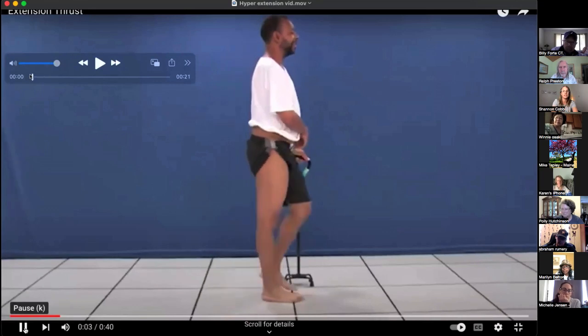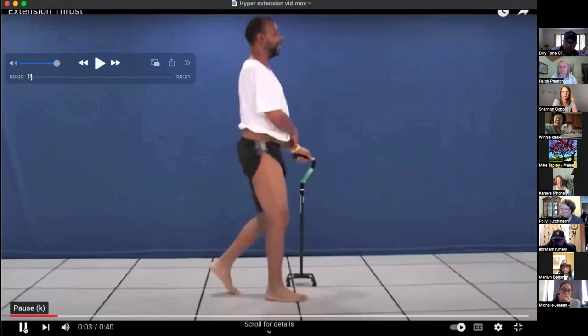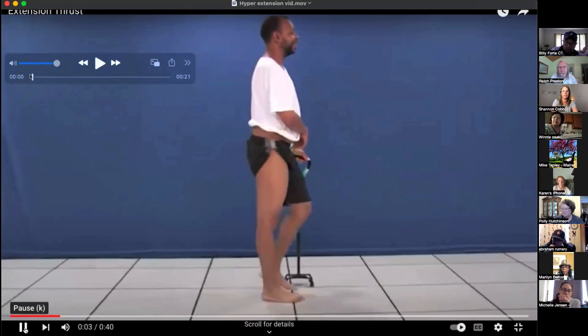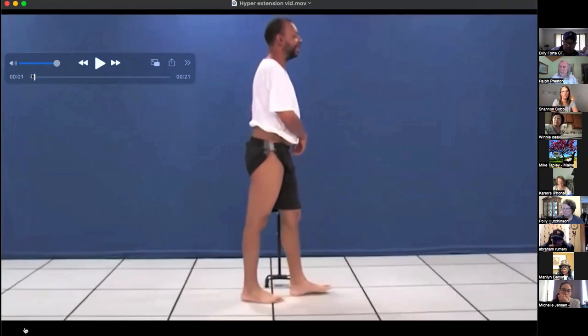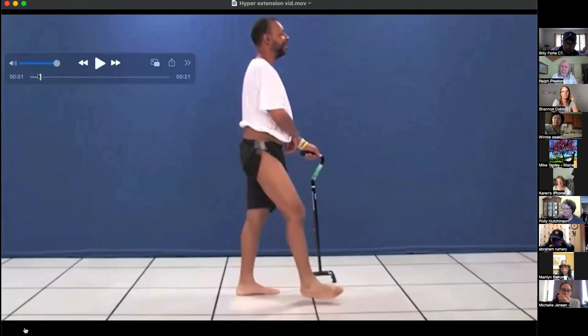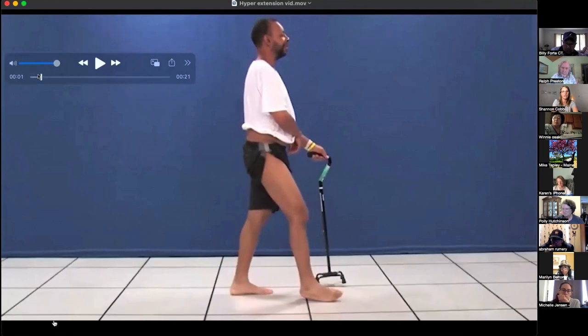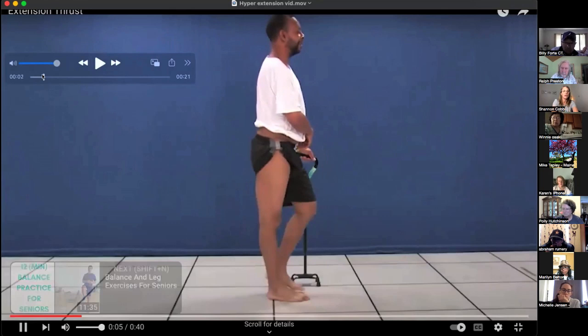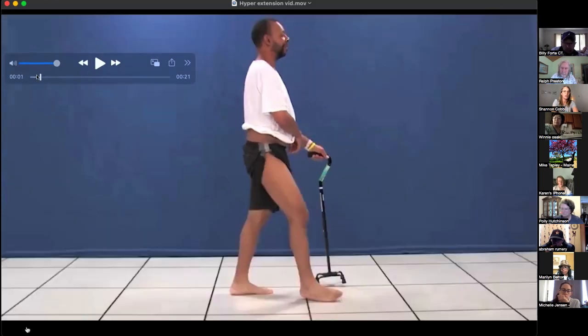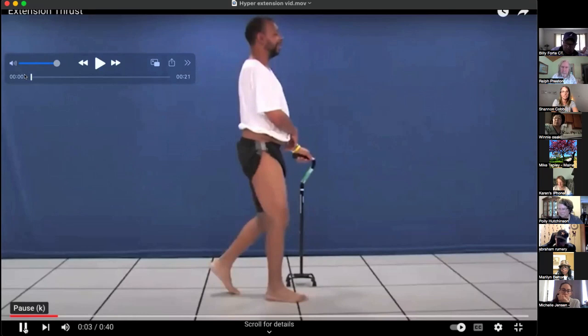As he puts his weight on the leg closest to us, his lower leg is moving backward in relation to his foot and also where he's going, and his knee is straightening way more than would be typical. If we watch it again, as his foot hits the ground and he shifts his weight onto it, that lower leg moves backward in comparison to what's normal, what his other side is doing.